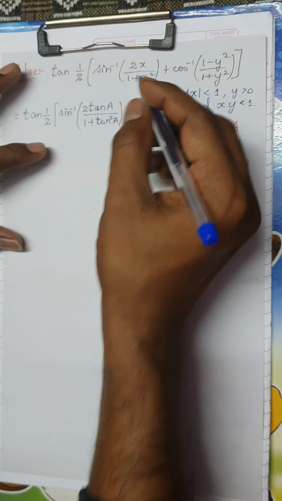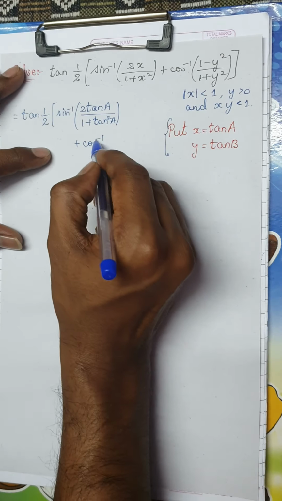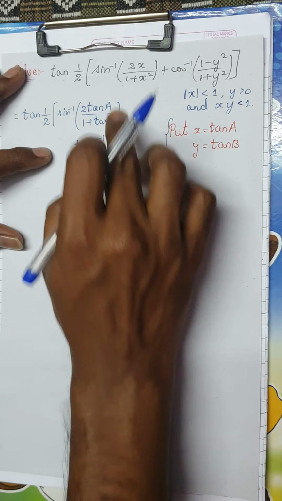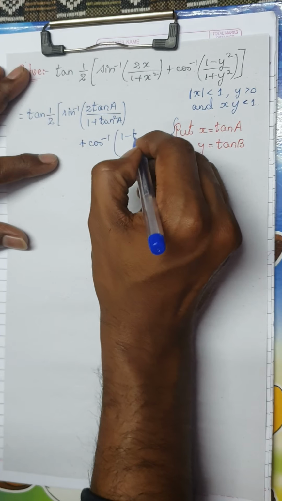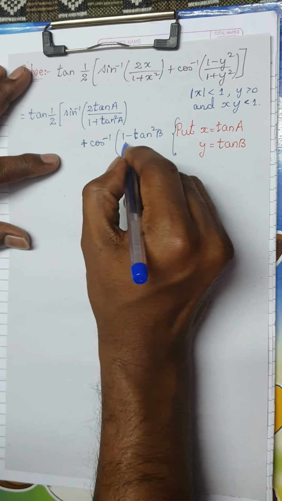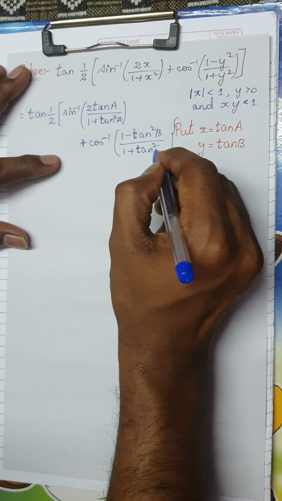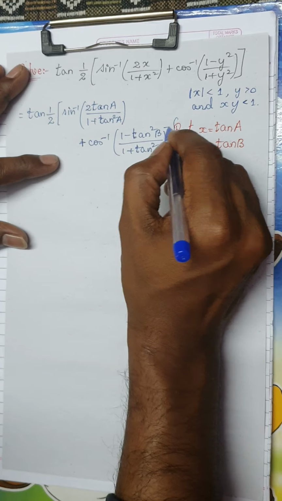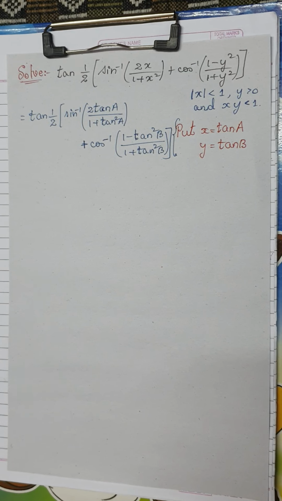Now next plus cos inverse of, I don't have a space here, so I am writing below, cos inverse of 1 minus tan square b divided by 1 plus tan square b. Let me complete the statement by using the bracket.